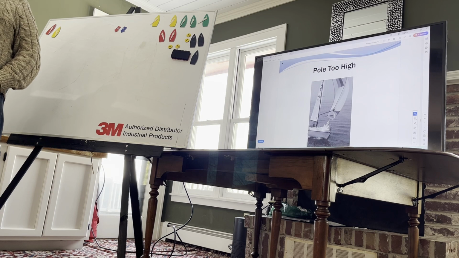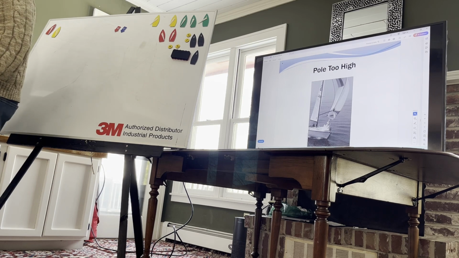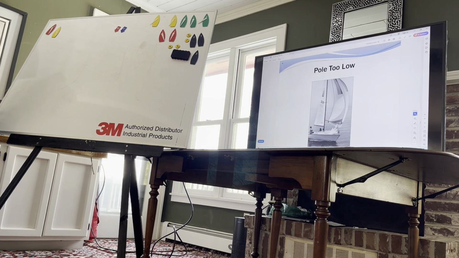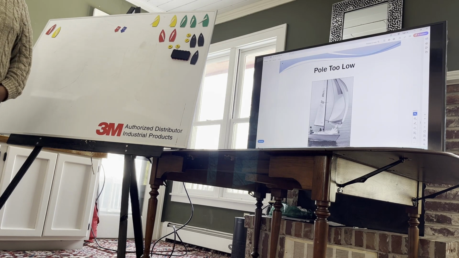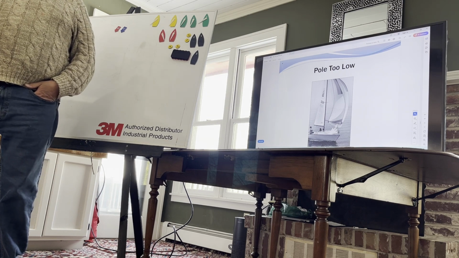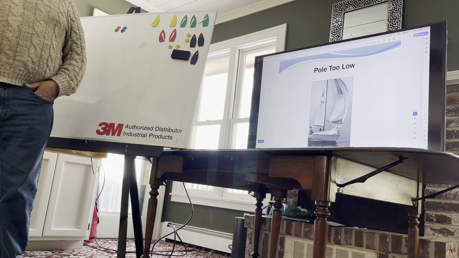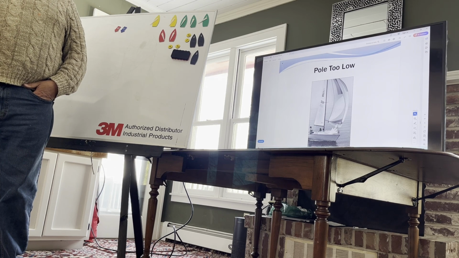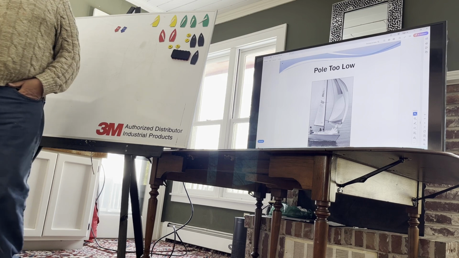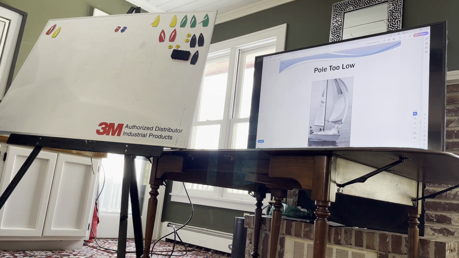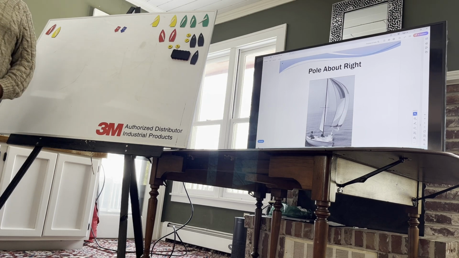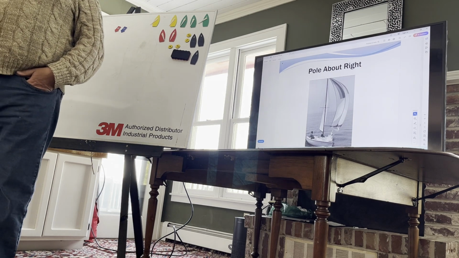It's not even. Here, the pole is too low, so the guy clue is lower than the sheet clue. Here, it's about right.